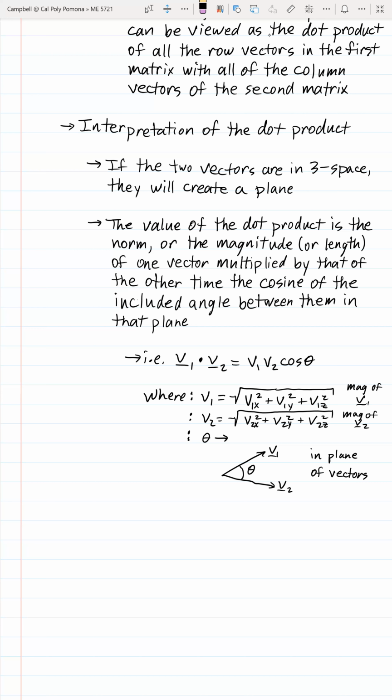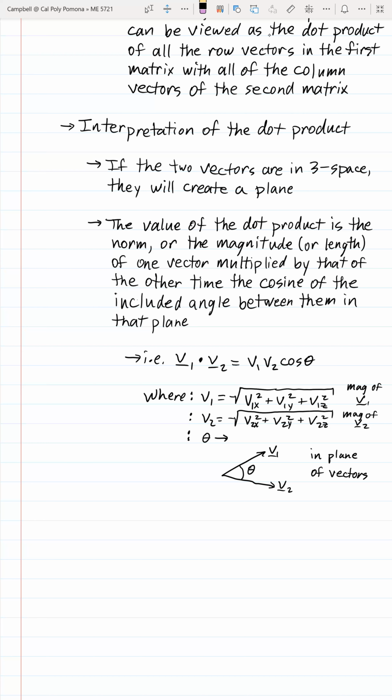But when I start looking at multiplying magnitudes of vectors by the cosine of the angle between those vectors, then I'm starting to talk about the projection of one vector on another.